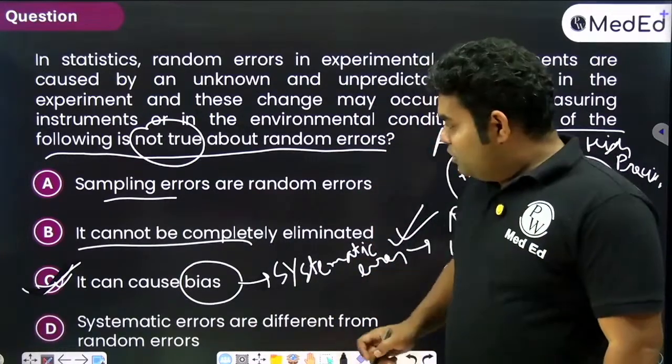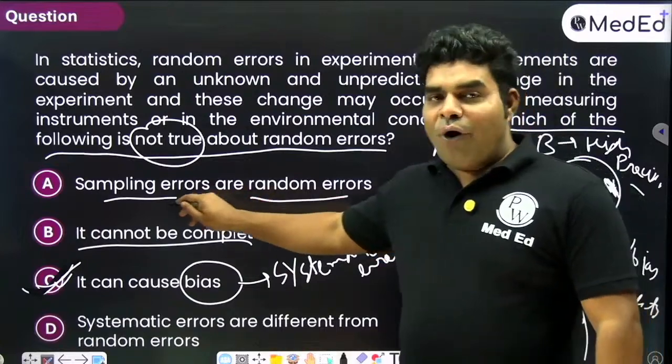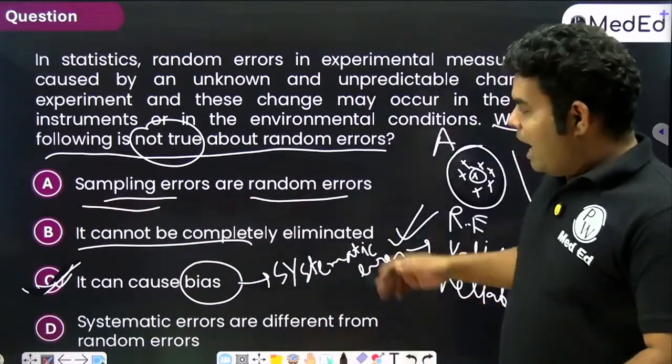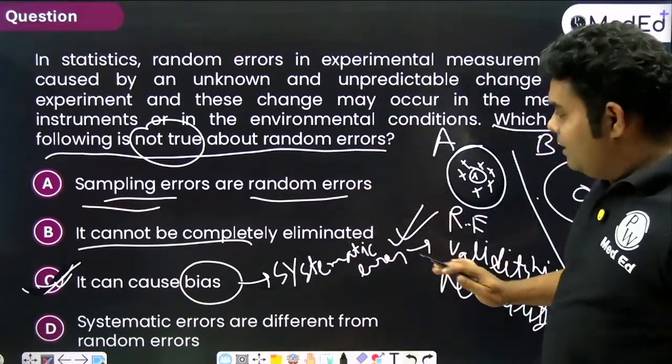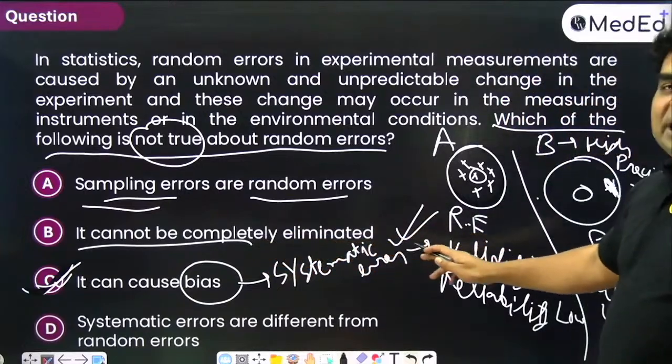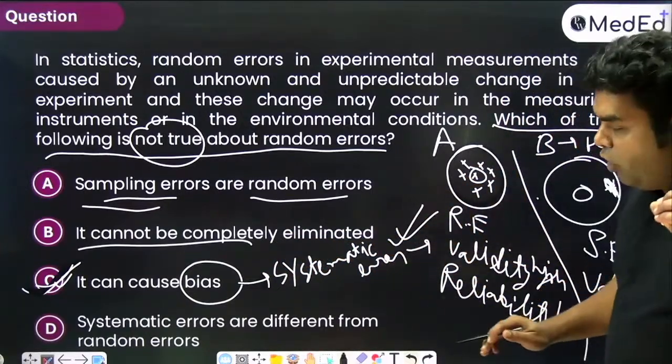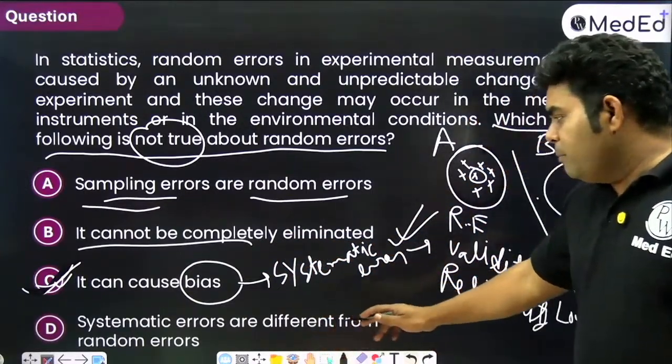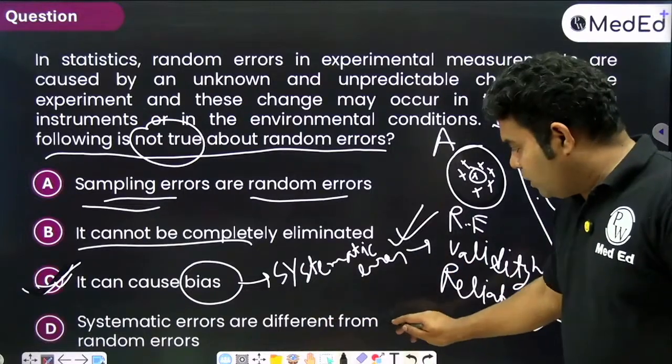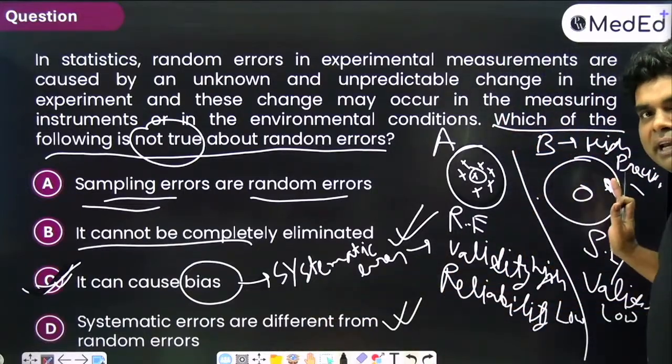So if you are choosing randomly, you can choose a wrong sample of smokers. So random error, sampling error, this is correct. Random error cannot be completely eliminated. This is also correct. Some random error will always remain. And the last option, systematic errors are different from random error. This is also correct. And I explained how systematic error is bias and random error is different.